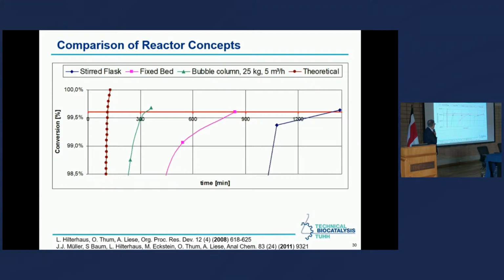On the right side, there's the stirred flask with vacuum overhead. The purple one here is the fixed bed, the circulation loop reactor. The green one is the bubble column. And the dotted line on the left is the theoretical value that could be reachable, not accounting for any mass transport limitations. So the best one in performance is the bubble column.